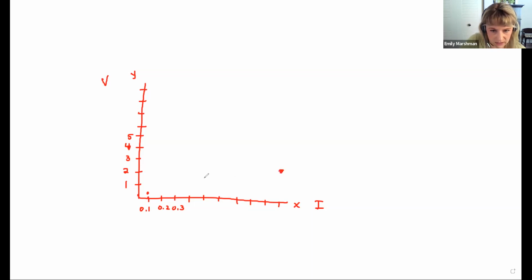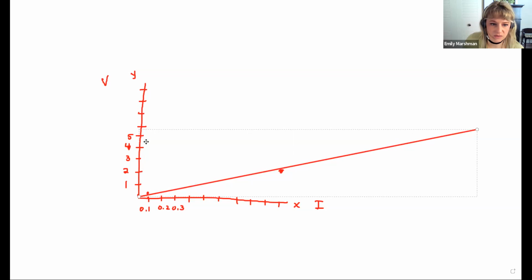And that would be your second data point. And you would draw all of your data points on your graph like that. Once you have all of the data points, you will draw a line through your data points. And you want to figure out the slope of this line.